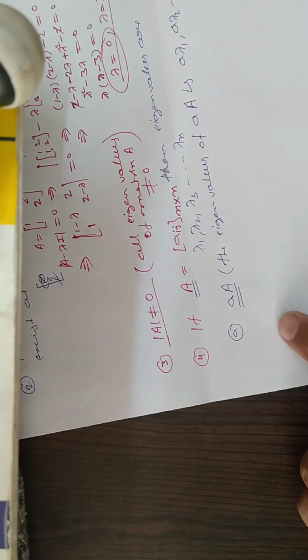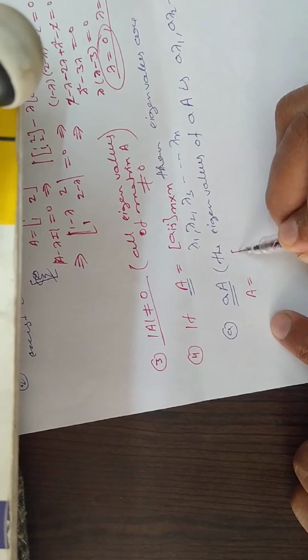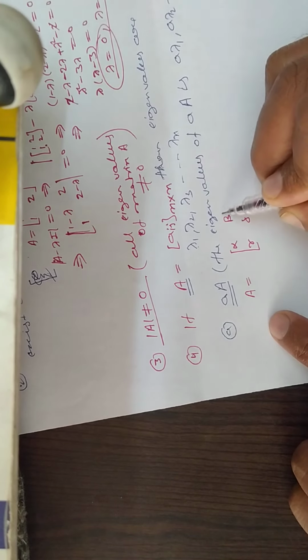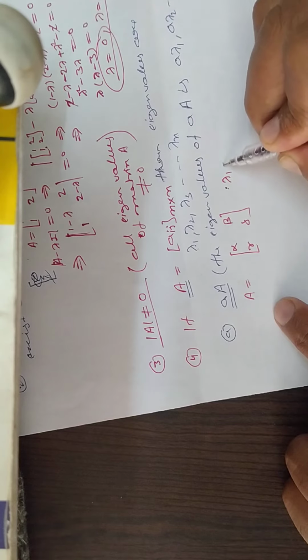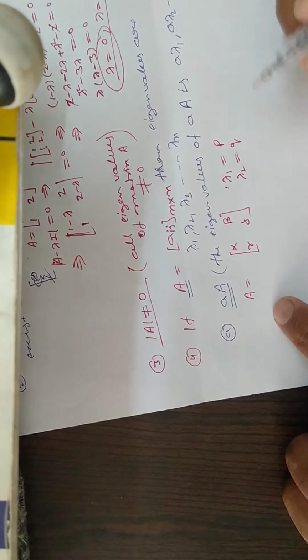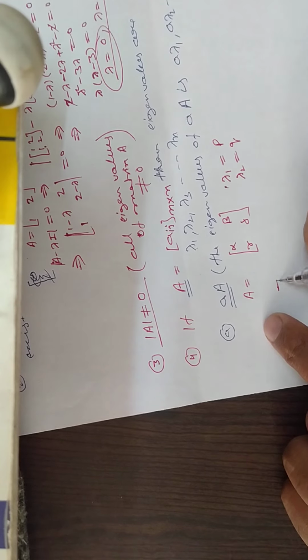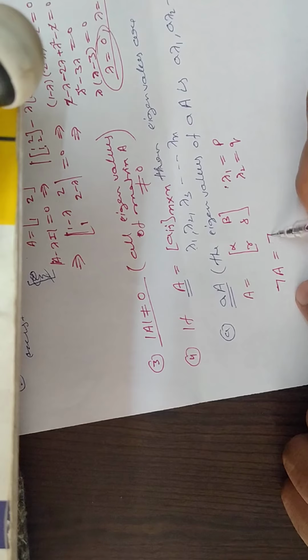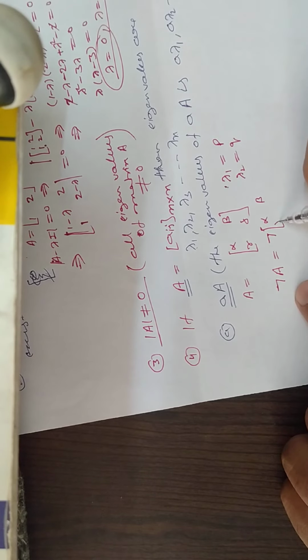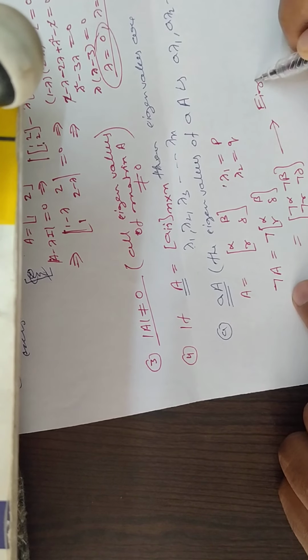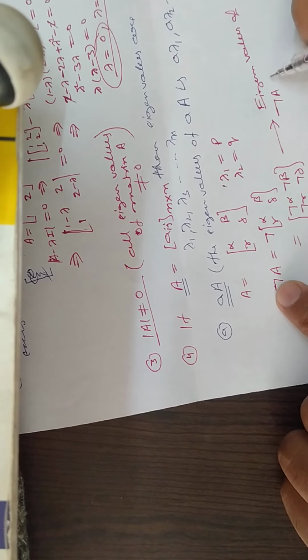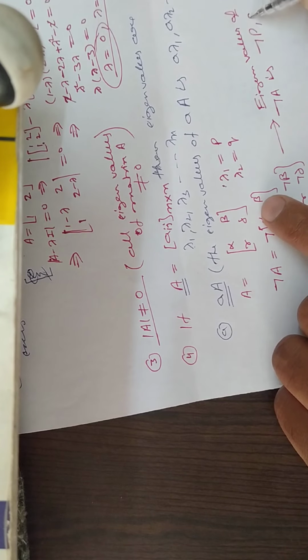For example, suppose that we have a matrix A equal to alpha, beta, gamma and delta, and suppose the eigenvalues of this matrix are lambda 1 equal to P and lambda 2 equal to Q. Then the eigenvalues of 7A, because when you multiply 7 with this matrix, this is 7 alpha, 7 beta, 7 gamma and 7 delta, are 7P and 7Q.